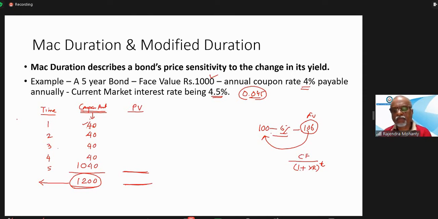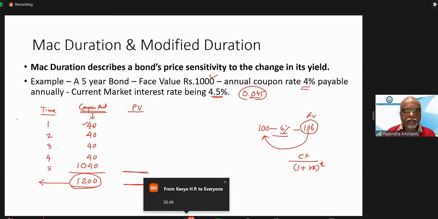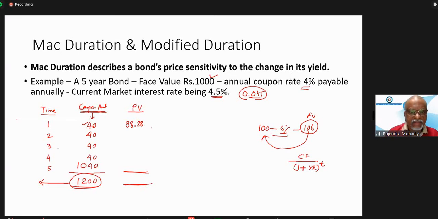Just calculate this formula. Are you doing it or not? 38.27, sir. 38.277.